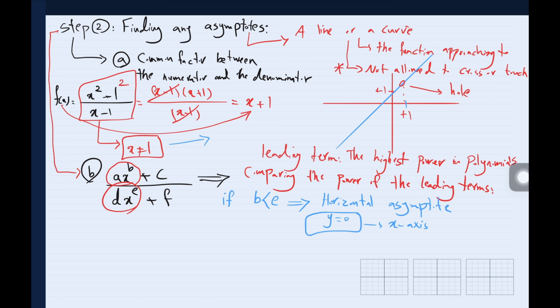So the x-axis would be the horizontal asymptote for such a function.